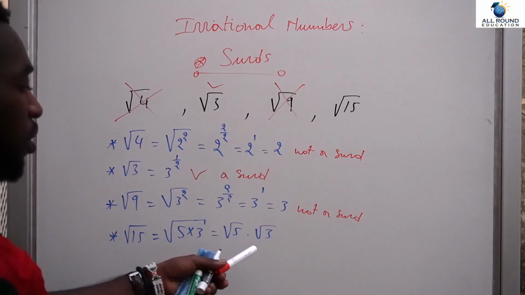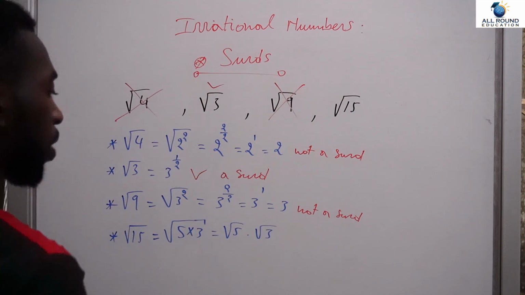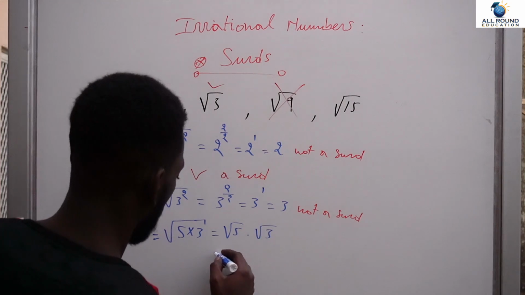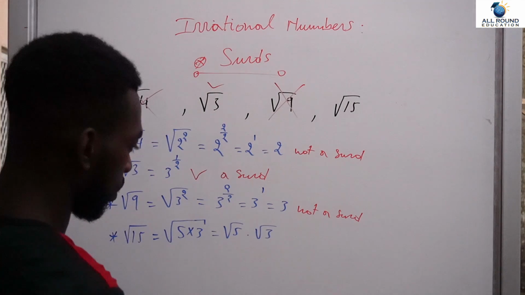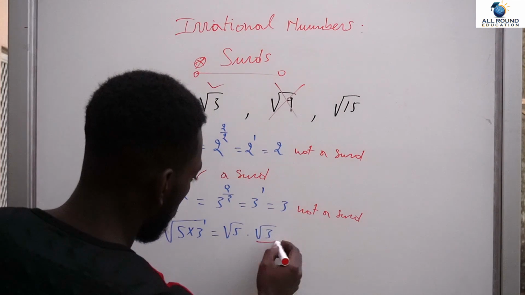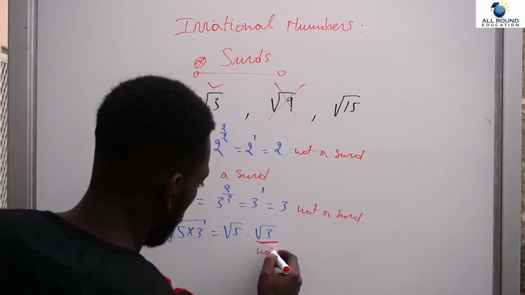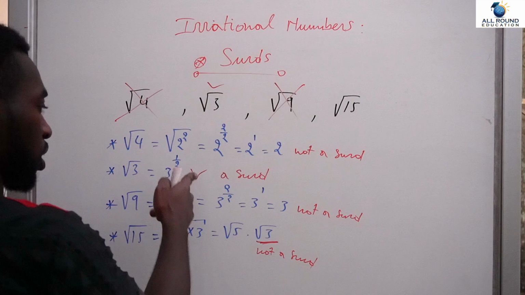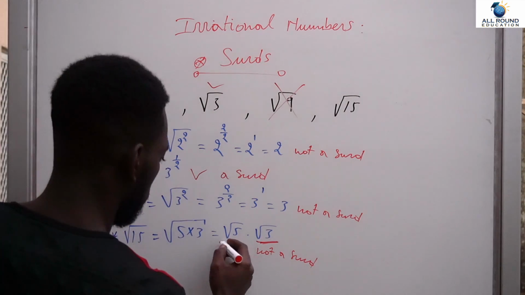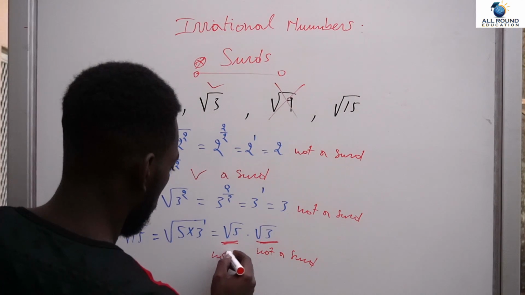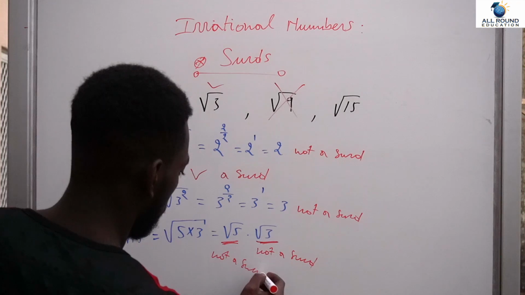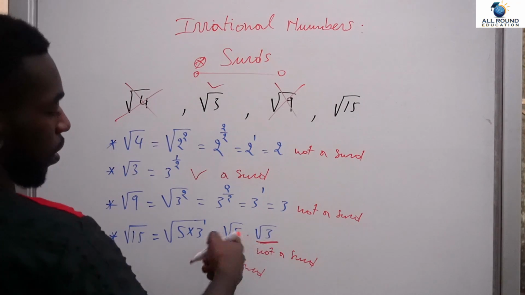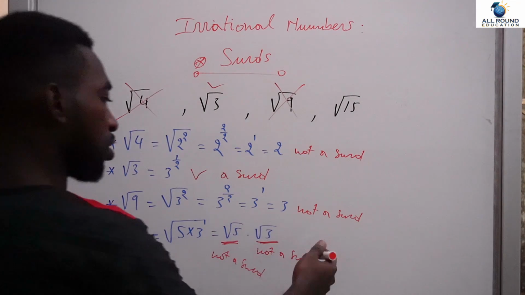I'm just breaking this up because this will give us an idea. We already know that square root of 3 is a surd. And if you check 5 the same way, 5 is a surd. And the product is a surd, right?